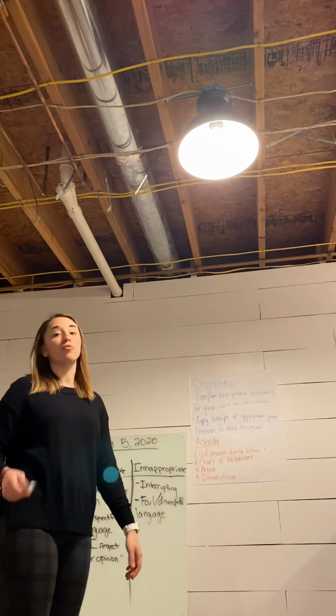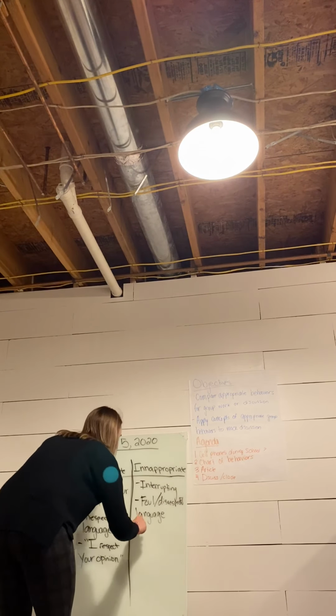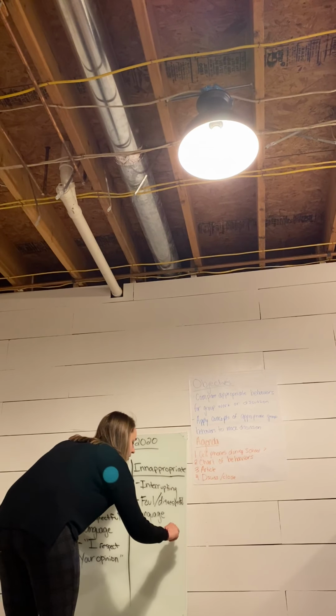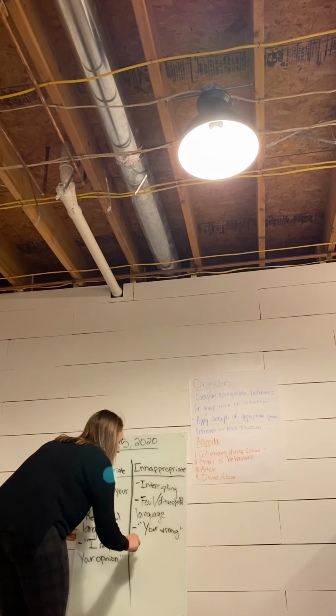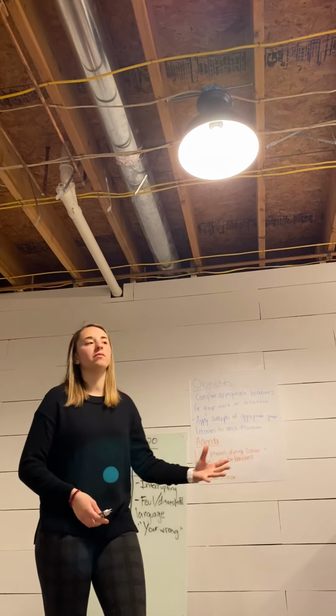Something that you would want to avoid saying is like, you're wrong. We don't want to say you're wrong, because if it comes to an opinion, nobody's really right, nobody's really wrong. So thinking that your opinion is true, that's a poor behavior.